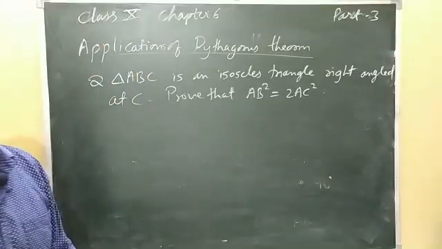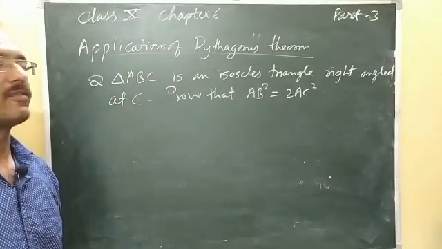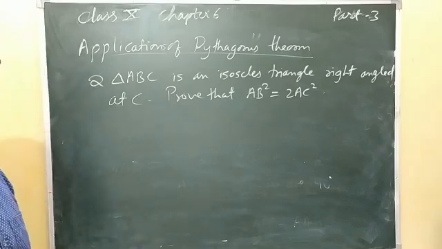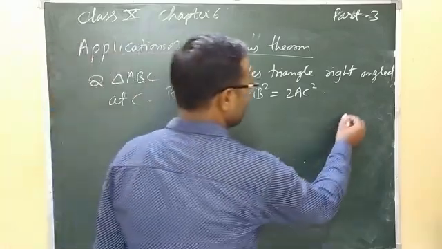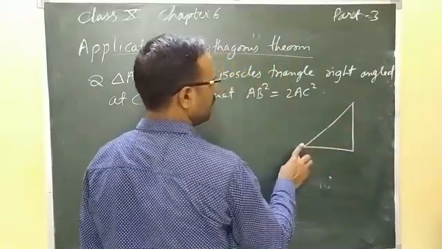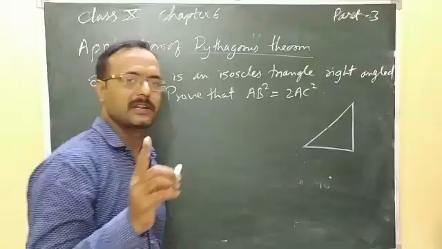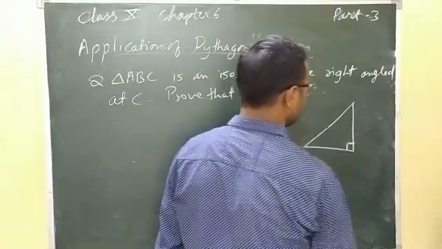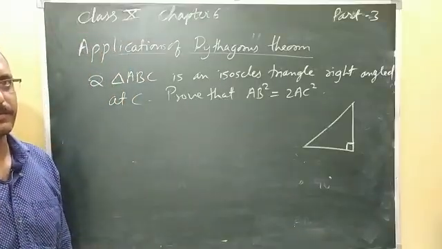So first we are going to draw the diagram for this question. A triangle ABC is a right angle triangle at C. That is, if you draw a right angle triangle first, and you have to draw an isosceles triangle which is right angle. So if I take this as right angle, which two sides should be equal?